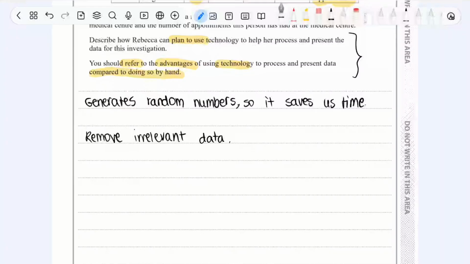And what does this make? What's the advantage here? Well, it makes it easier to read the data, and as a result of being able to read the data, therefore correct mistakes.